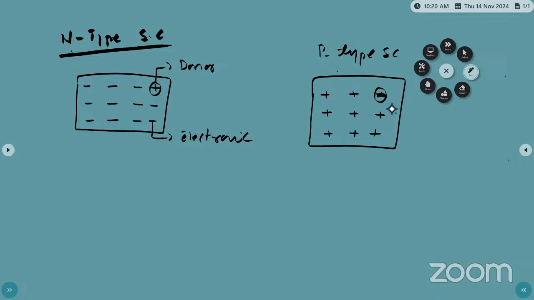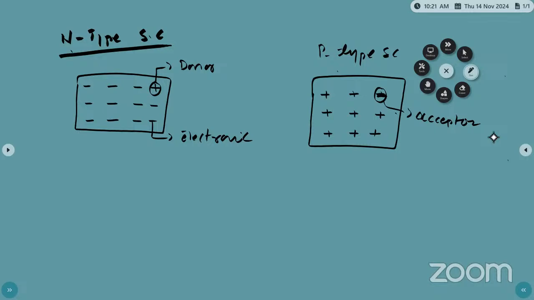That ion is called a negative ion or acceptor ion. So this is called the acceptor ion. So this is about the N-type and P-type semiconductor.